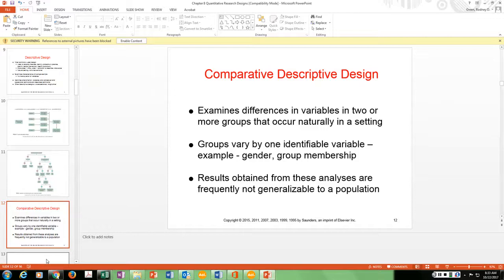The groups vary by one identifiable variable. For example, looking at groups males versus females, or younger versus older, or smokers versus non-smokers.